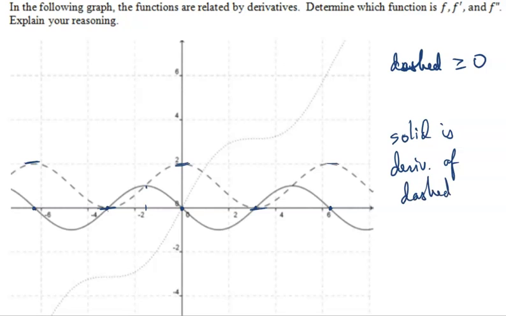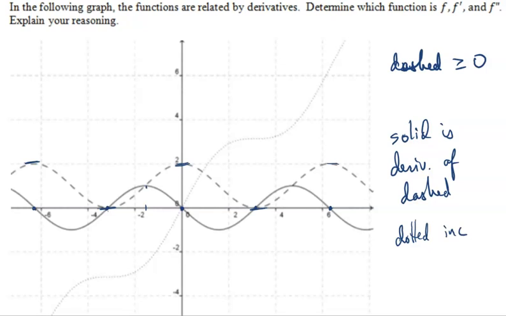Okay, and then we've got to figure out how this other one ties in. Either the dotted one is the derivative of the solid, or the dashed is the derivative of the dotted. Okay, well, what do we notice about the dotted? The dotted never decreases. Okay, the dotted is increasing everywhere.